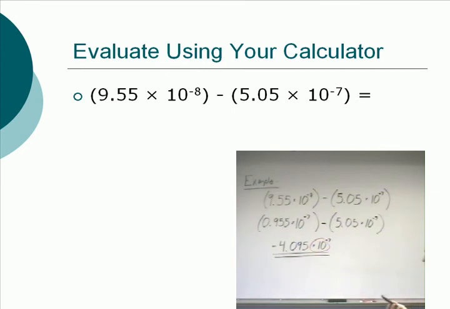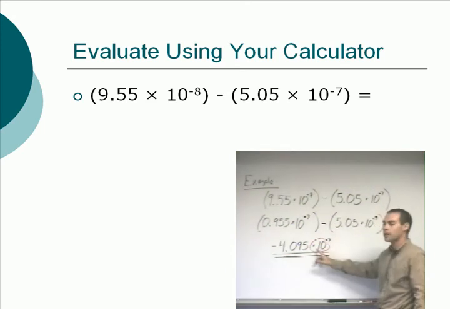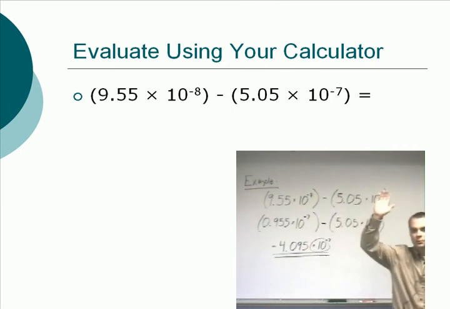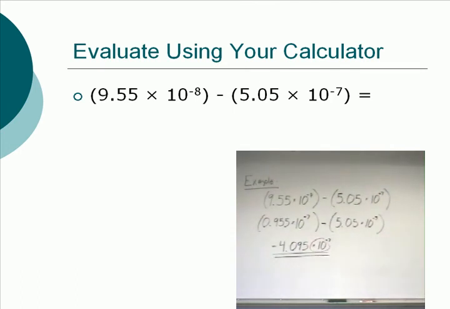And your calculator should produce negative 4.095 times 10 negative 7. How many of you got the same result? Good. How many of you have a bunch of zeros because it put it in floating point notation? Yeah. If you got a bunch of zeros, you need to ask your calculator to put it in scientific form. And that's done by finding the mode key of your calculator.